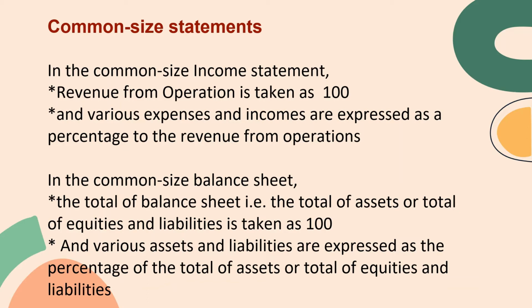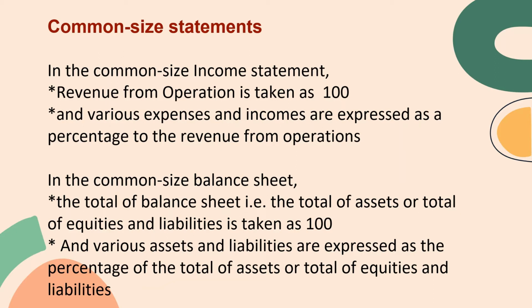But here we take a common base and then all the items will be expressed as percentage of the common base. So for income statement, revenue from operation is the common base, and all items will be expressed as a percentage of the revenue from operation.